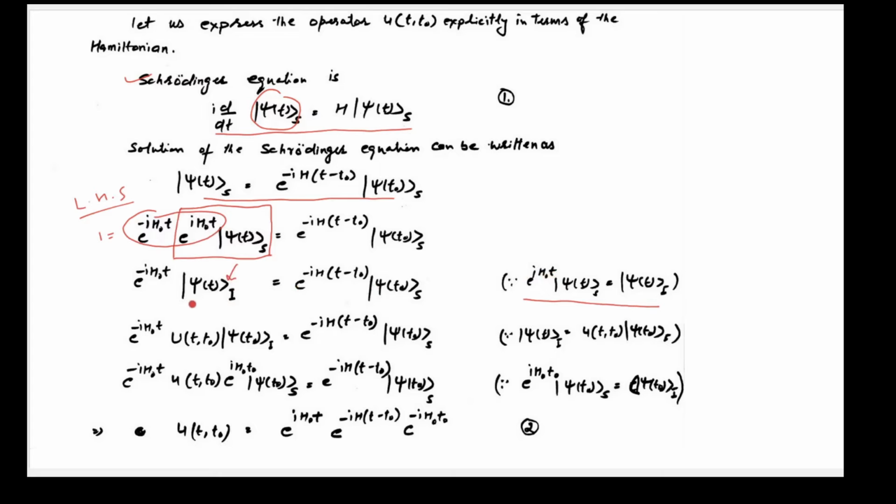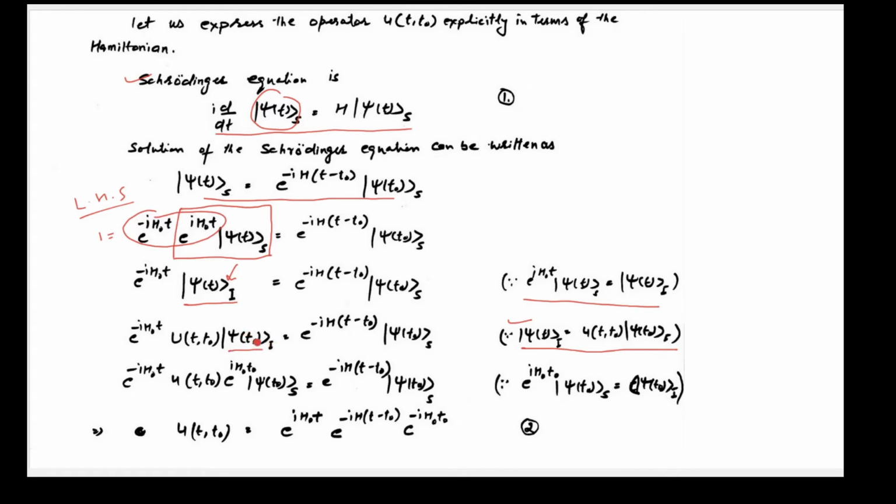Now we will use the relation between wave function at t and wave function at t0 in interaction picture, and this relation is this. Now we will use it here, and we will have wave function in interaction picture at t0.